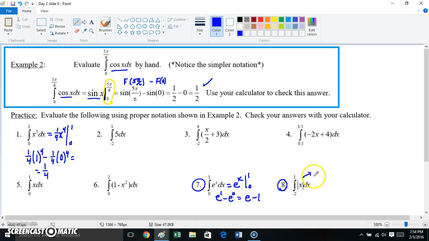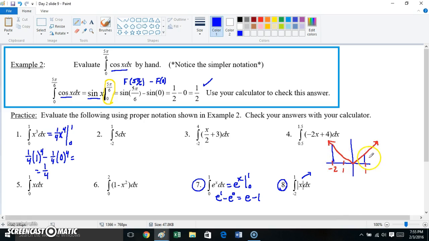Now number 8, I want to think of that algebraically, that absolute value. I could think of it both algebraically and graphically. Remember the absolute value graph has a slope of -1 on the left and +1 on the right, and we're looking at that integral from -2 to +1.